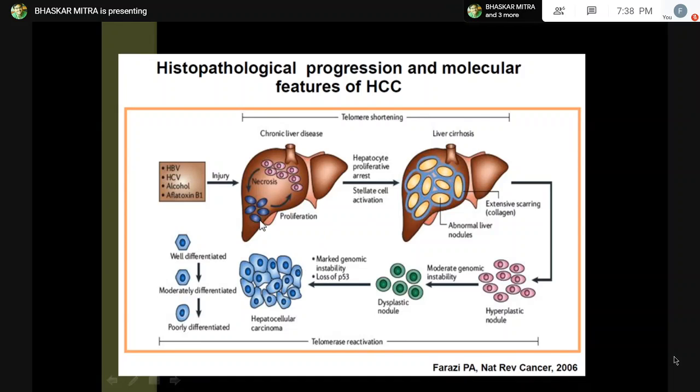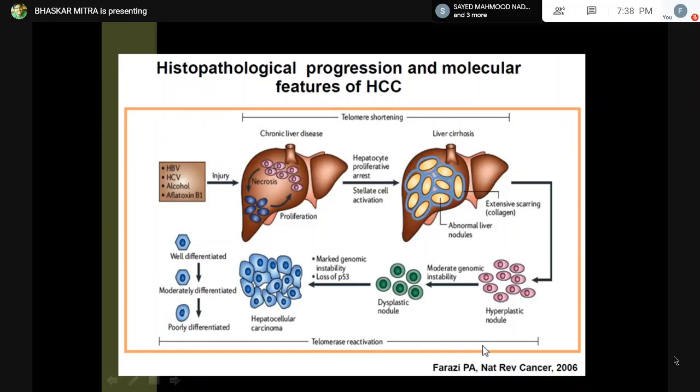Ongoing fibrosis is caused by stellate cell activation. Ultimately, that leads to the formation of abnormal liver nodules surrounded by extensive bands of fibrosis causing scarring, and this forms the nodules. Up to this stage, we call these hyperplastic nodules, because until this point there is no genetic abnormality or instability.